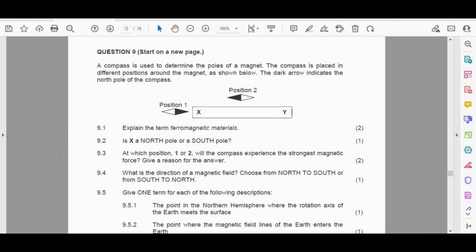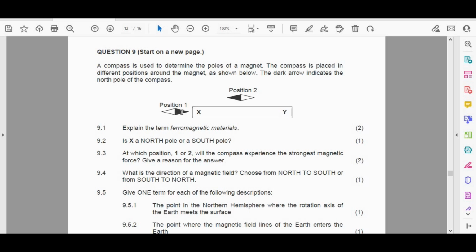Alright, 9.2. Is X the north pole or the south pole? Well, if the dark part of the compass arrow is the north pole of the compass, then that means it would be attracted to the south. So I think X is not the north pole, as I said earlier, which is kind of foolish of me.